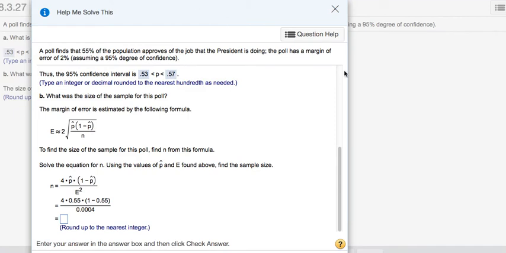Let's just go back to here, which is exactly what they're showing they have in this question. And then you're just plugging the numbers in.